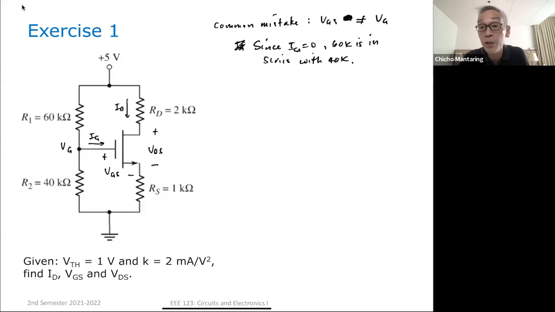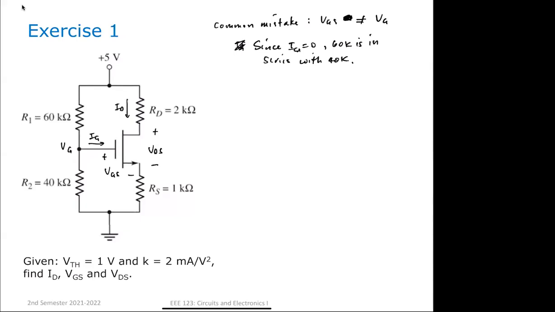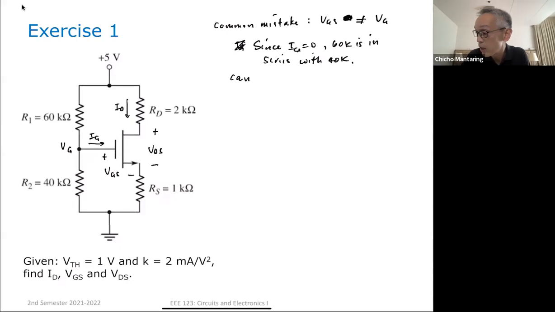What formula can we use to determine V sub G? Can I hear someone else? Voltage divider po. That's right, no? So you can use voltage divider to determine V sub G.